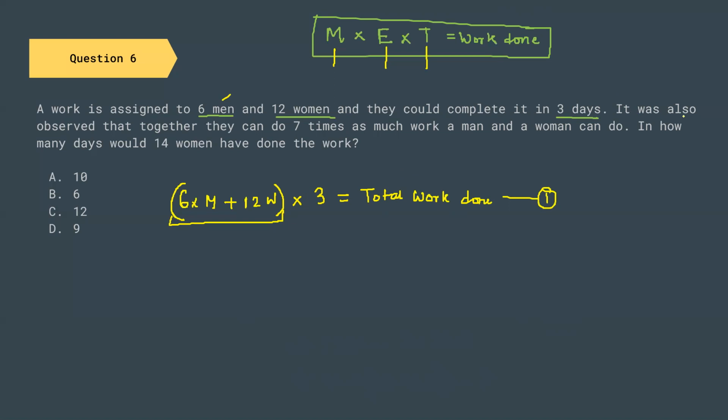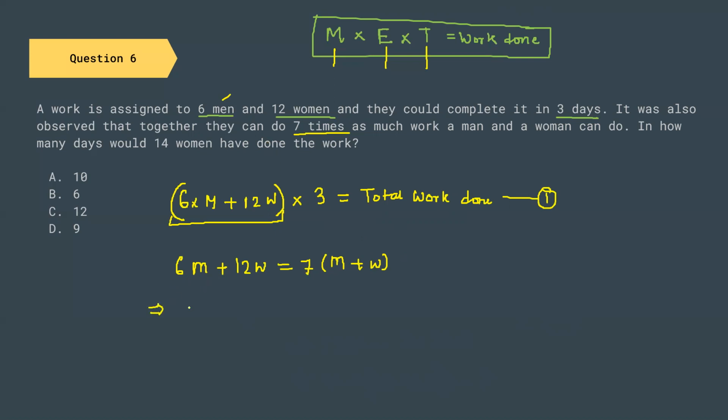Now, it was also observed that together they can do 7 times as much work as a man and a woman can do together. So 6M plus 12W is equal to 7 times what a man and a woman can do together. In how many days would 14 women have completed the work? From this equation, let us find the ratio of the efficiency of a man and a woman.